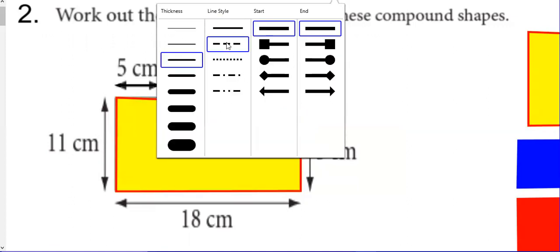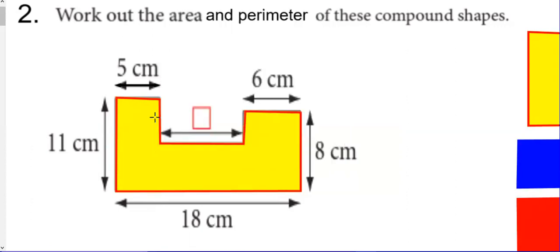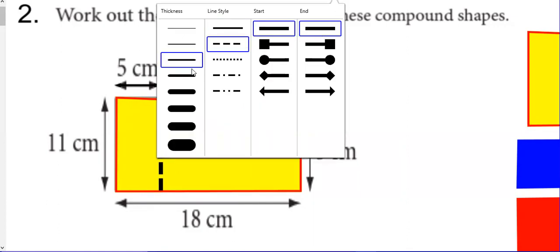The compound shape is divided easily by drawing dotted lines. Now you can draw the dotted lines going from up to bottom. Can you see that? Divide like that. So we'll be having this shape here. And also keep dividing. Let me pick dotted lines, perhaps they can look good.